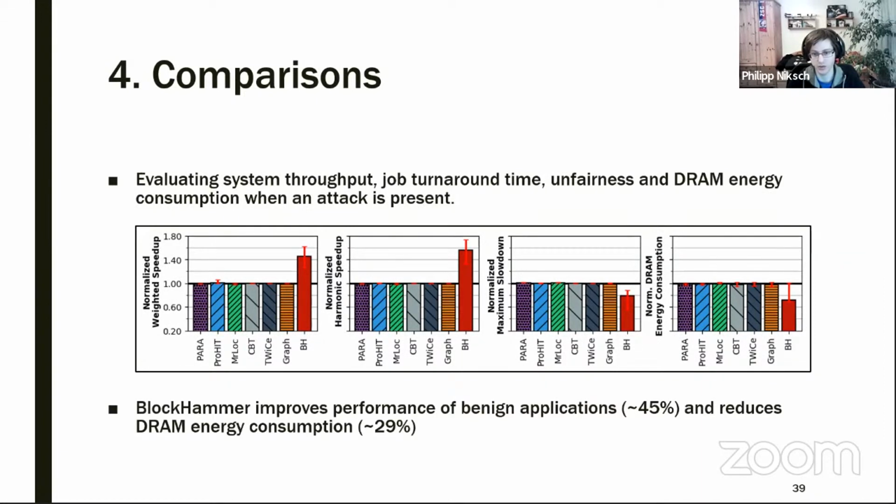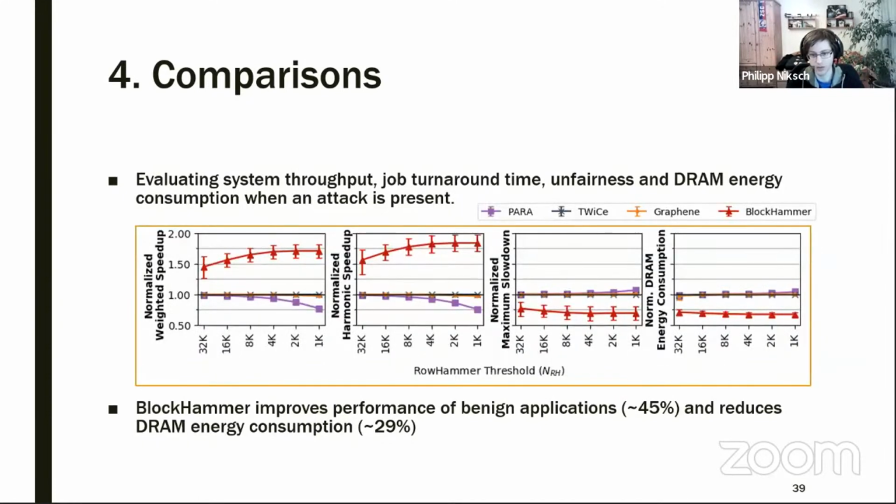Thanks to AttackThrottler, we observed a performance increase of 45% and a decrease in energy consumption of 29%. The paper also compares how the performance benefits scale with increasing vulnerability and found a performance increase of up to 71% compared to the baseline.